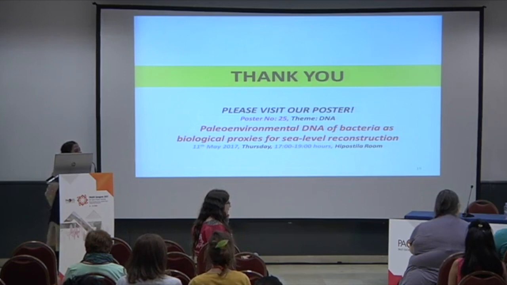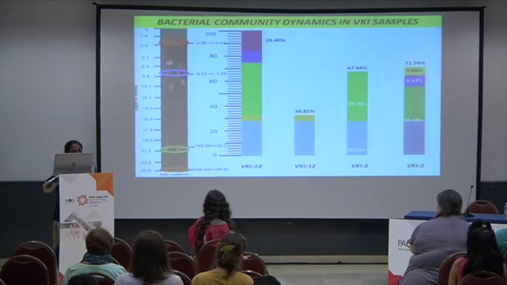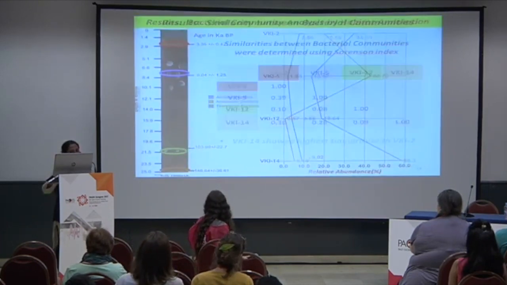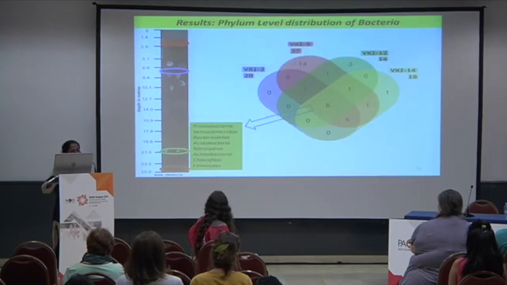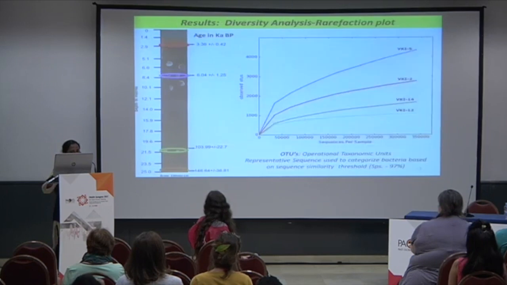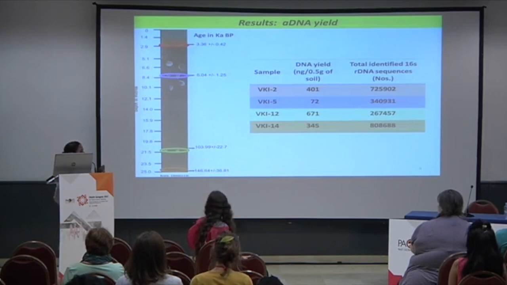Did you find any association between the sediment composition and bacterial composition? Yes. In VKI-5, I said the DNA yield was the least. In spite of that, we were able to get high 16S rDNA sequences. Here, the DNA yield was least because of the strata of the sample sediment, which was compact clay.